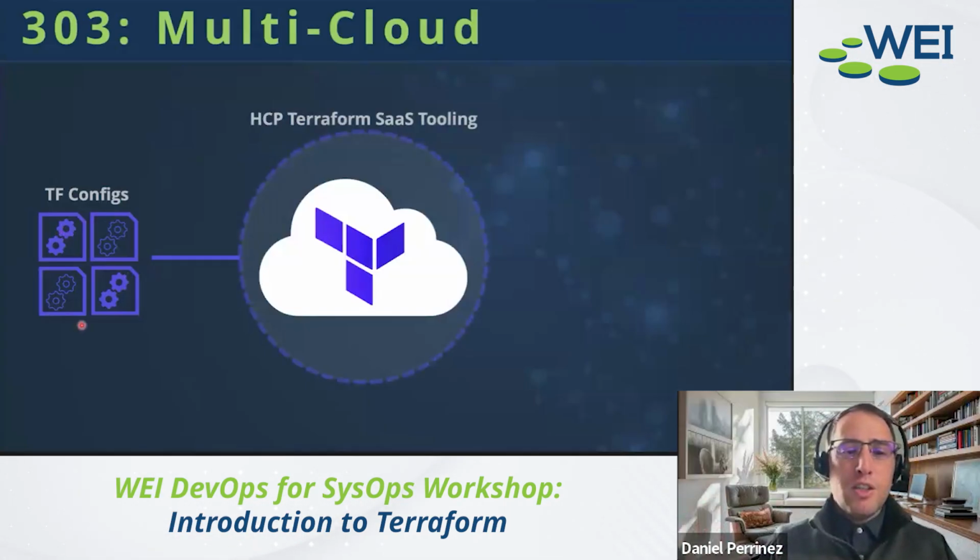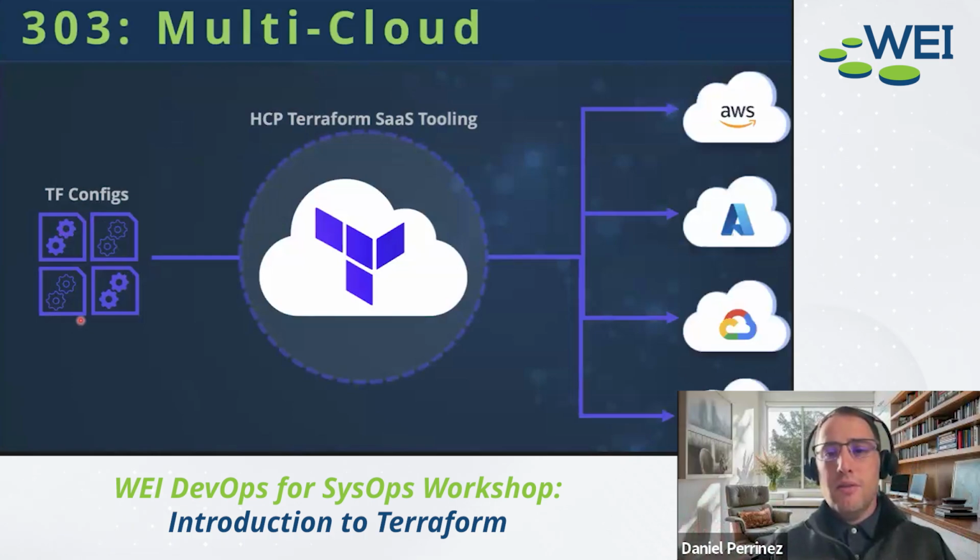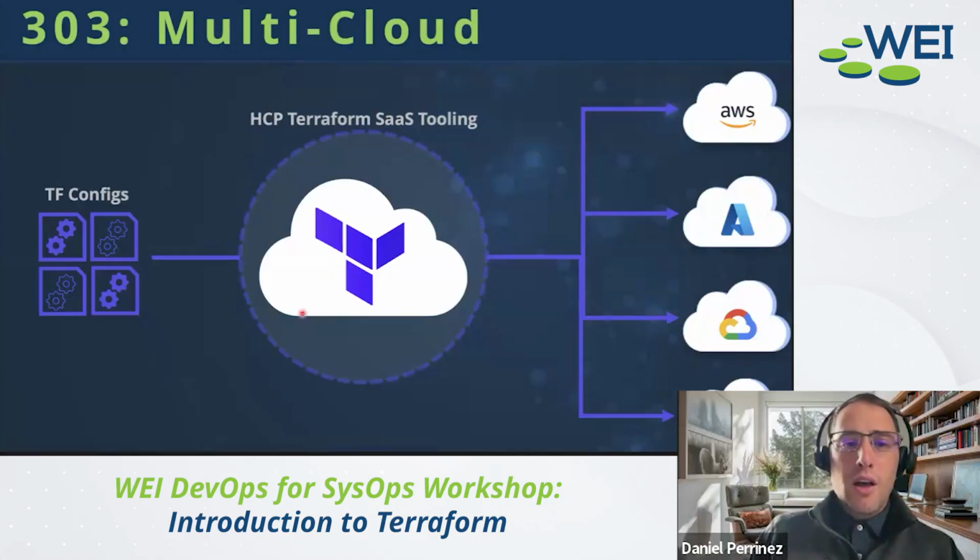To deploy everything to your various clouds, AWS, Azure, GCP, or something else. Depending on what your infrastructure is, can't make any promises, but you might be able to even deploy to your on-site hybrid cloud clusters as well.